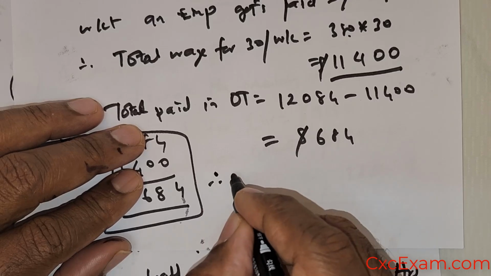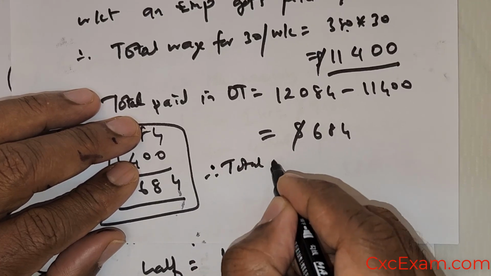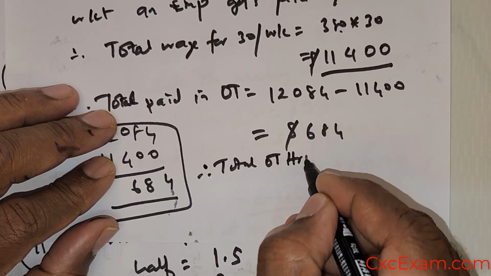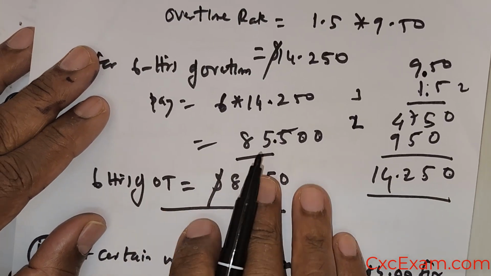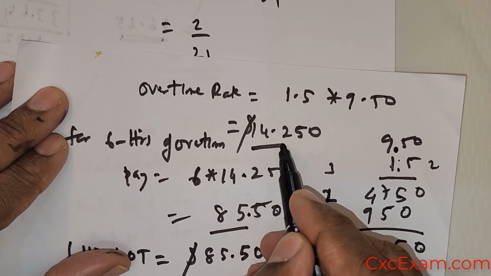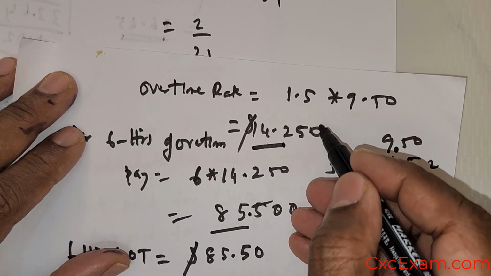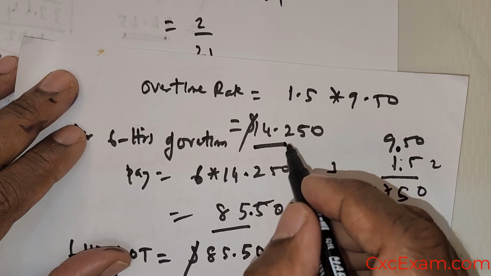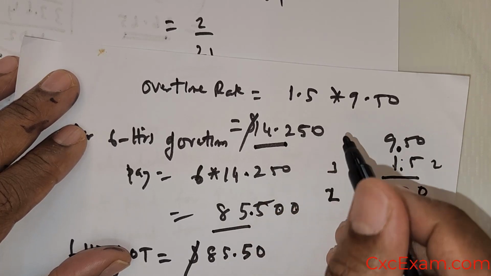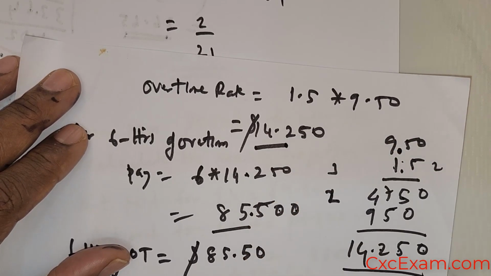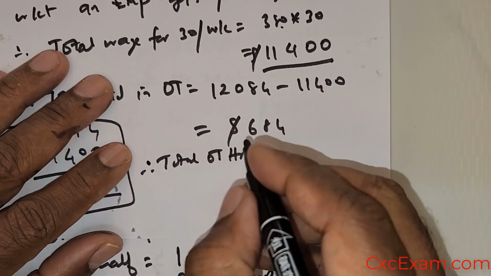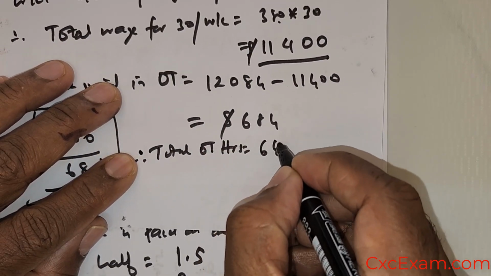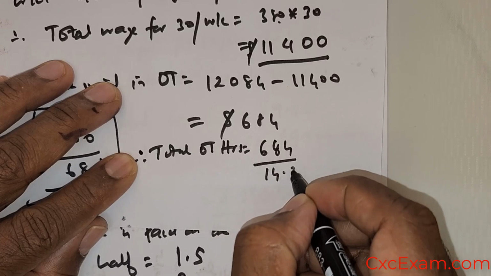So how are we going to calculate the OT hours? Total OT hours. Now we go back here. What is the rate paid here? 14.25. You don't have to take that 0. You drop it, because we are only looking for the exact value, not precision. So 14.25 is sufficient. So you take 684 and divide by 14.25.